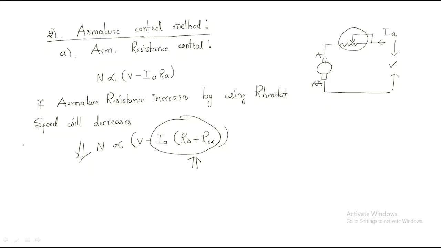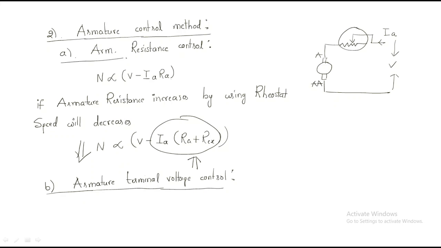Next we have another option, that is the second method. That second method is the armature terminal voltage control method. Name itself, we can control the terminal voltage, then we can control the speed.